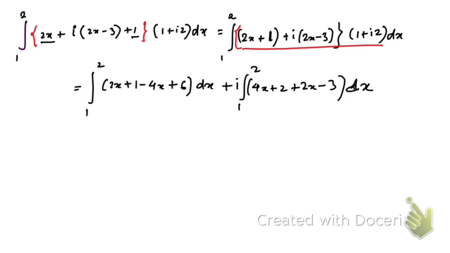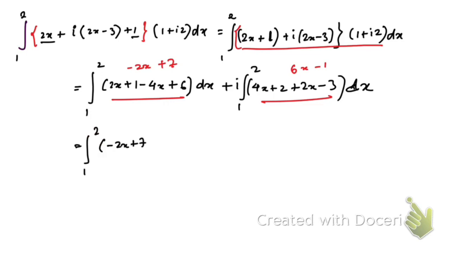Now let's simplify. From here, that's going to be minus twice x plus 7, and here it's going to be 6x minus 1, right? So it can be written as integration 1 to 2 minus twice x plus 7 dx plus i into integration 1 to 2 6x minus 1 dx.